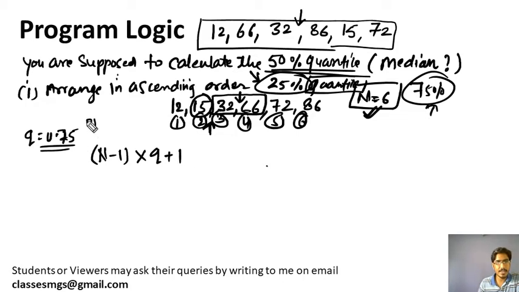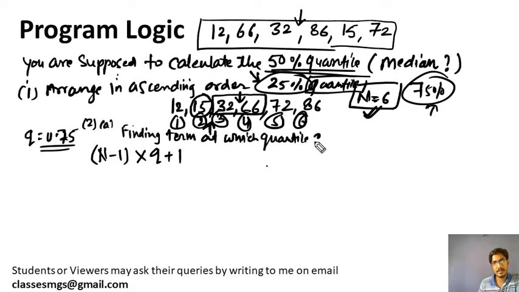This is the second step, that is finding the term at which the quantile exists. So n is here 6, 6 minus 1 into q value, which is now 0.75.